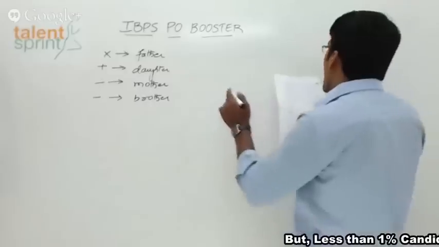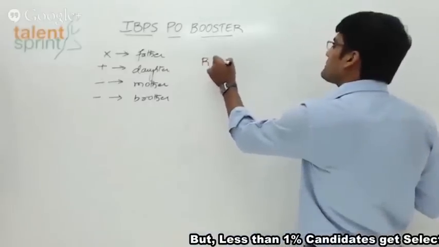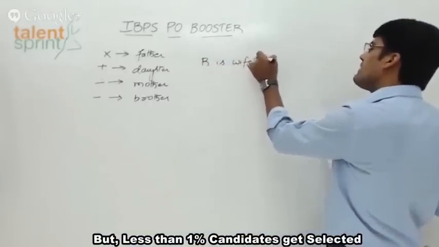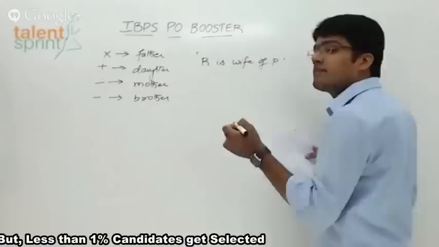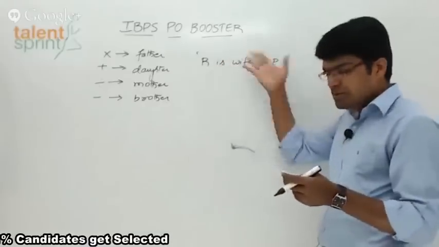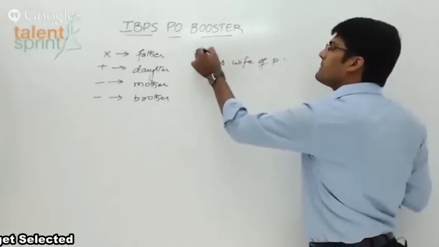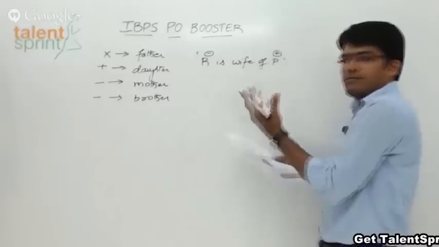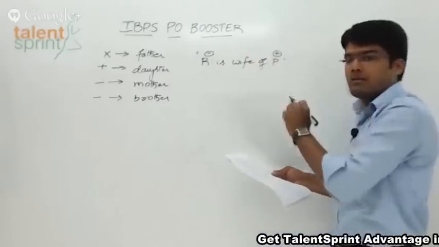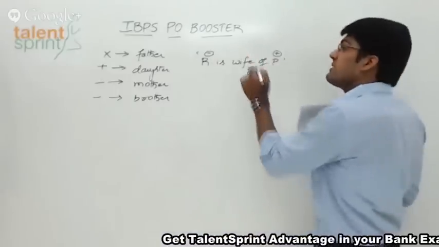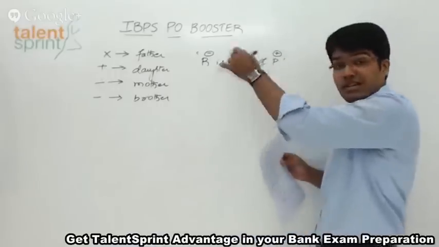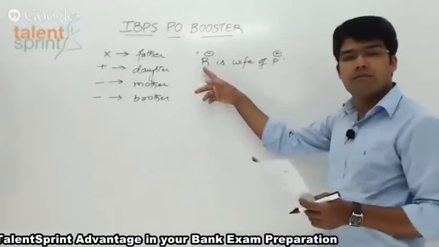So what do we want? R is the wife of P. What do you understand from that? R should be the wife of P. That means female and male. R is the wife of P means P is the husband of R, right? Genders you have got to know: female and male.